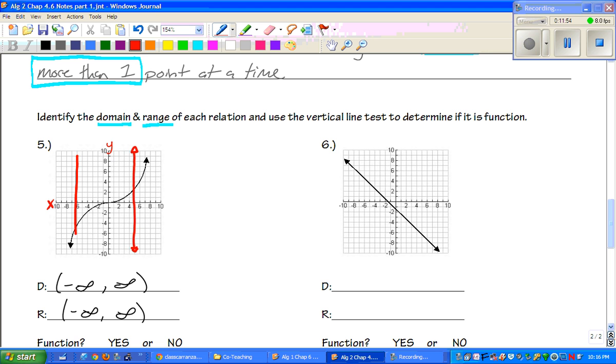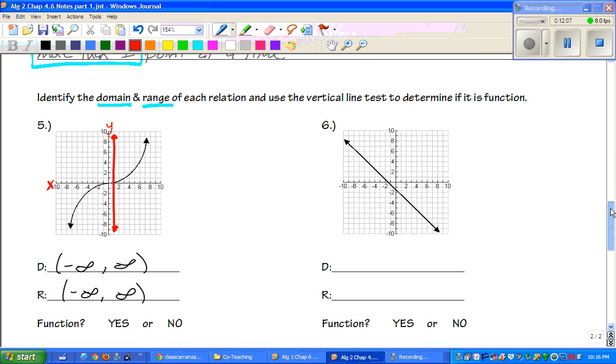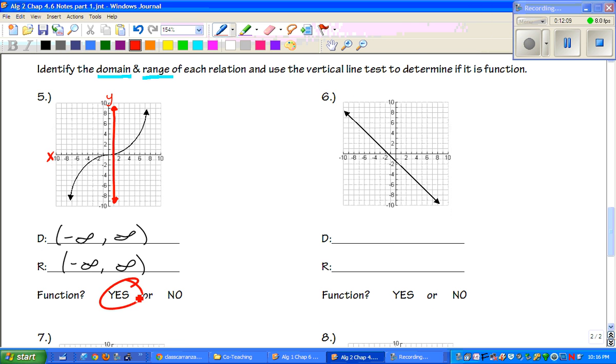And you can do multiple lines if you want to. No matter where we draw it, it's only going to cross once, okay? We'll do one more, even right there, okay? So does this pass? Yes. So is it a function? Yes.